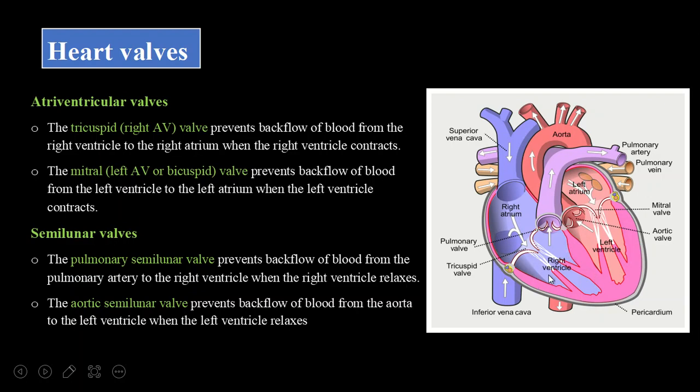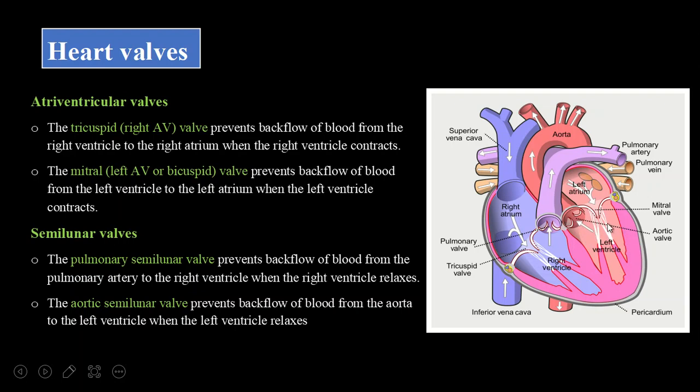So, 'di ba, magko-contract itong right ventricle para yung blood na nandito is ma-push papuntang pulmonary artery papuntang lungs. So, pag nag-relax ang heart, itong pulmonary valve, magka-close yan para mag-prevent ang pagbalik ng blood from the pulmonary artery to the right ventricle.